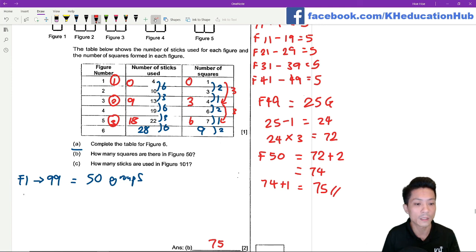In fact, I can straight away jump into figure 101. There will be 51 groups. Okay, so first I need to minus 1, give me 50 groups.